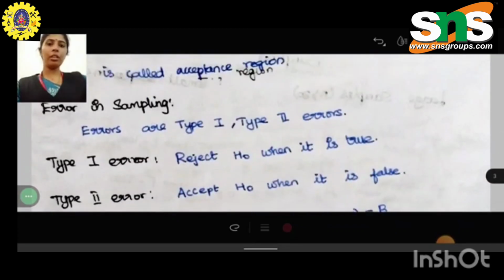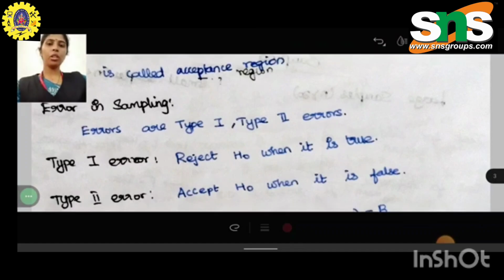The next is error in sampling. Basically, when we take any data, it's a human tendency to make error. If we reject H naught when it is true, it leads to the type 1 error. The type 2 error is accepting H naught when it is false.